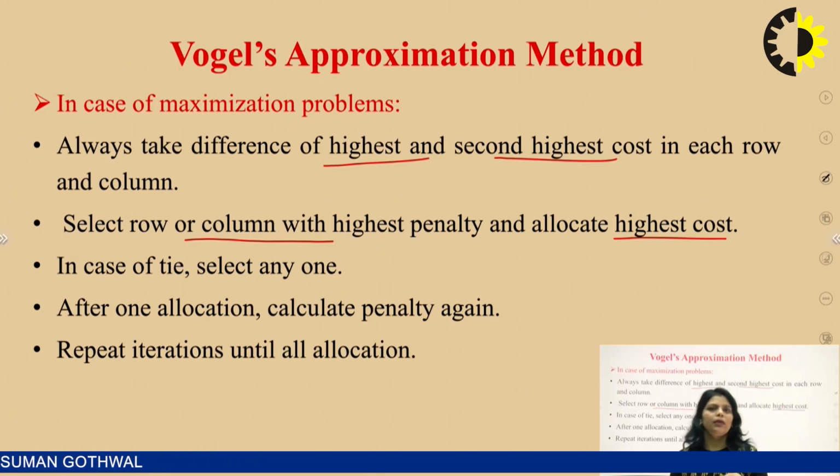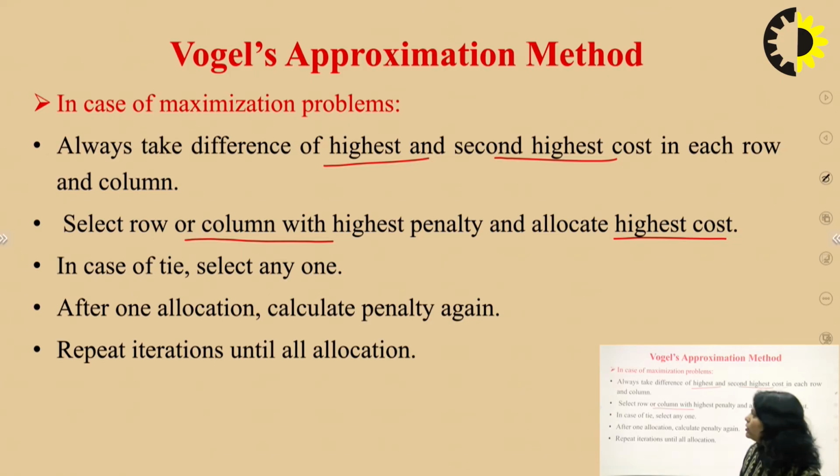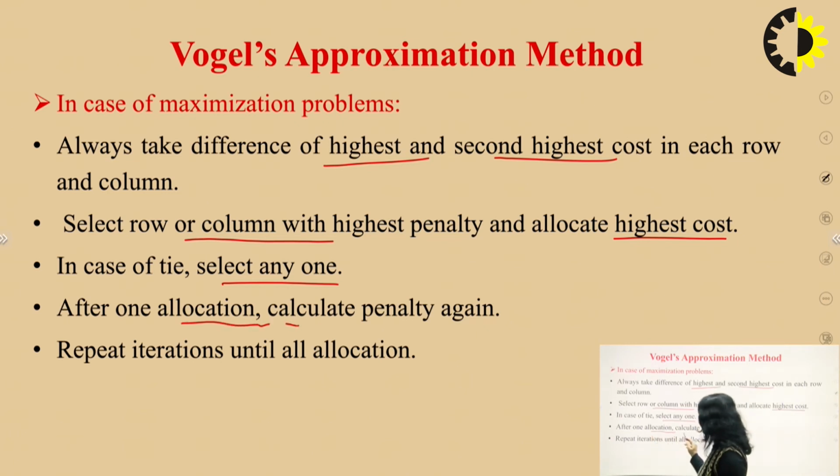So in case of the minimization cost, what we were doing, we were selecting the highest penalty, but we were assigning the minimum cost. But here we are selecting the highest penalty, but allocating the highest cost. In case of the tie, we can select any one, and after one allocation we will calculate the penalties again and we will repeat the iterations until all locations are assigned. So these are the steps in case of the Vogel's approximation method.